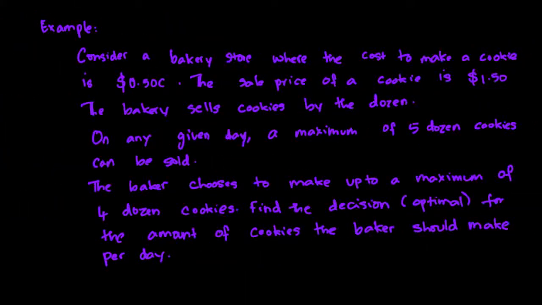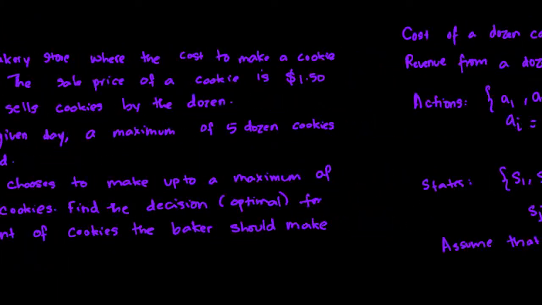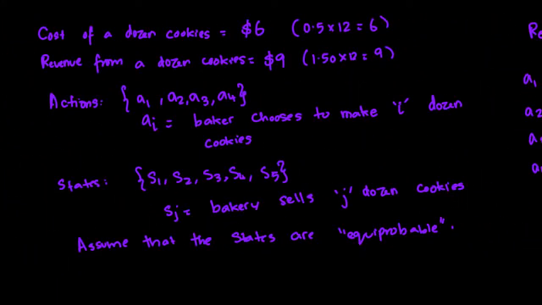So this is the bakery example where the manufacturing cost of a cookie is 50 cents and the sale price is $1.50, and we sell by the dozen at this bakery, and the maximum amount of cookies that can be sold per day is 5 dozens, and the baker chooses to make up to a maximum of 4 dozen cookies, and that resulted in 4 actions in 5 states.